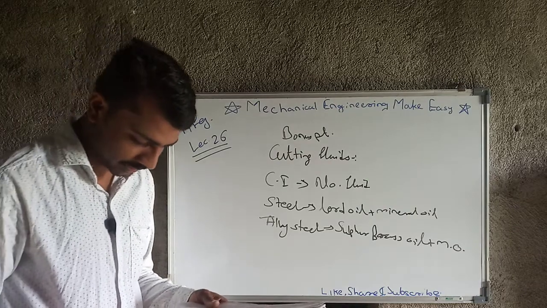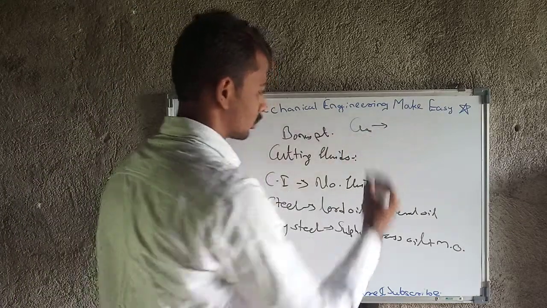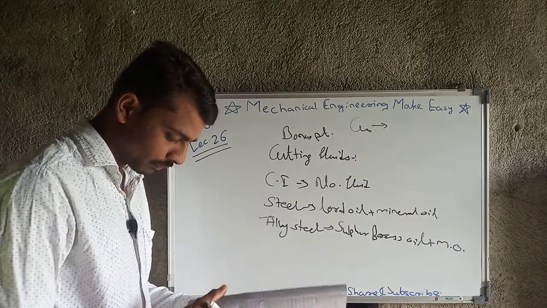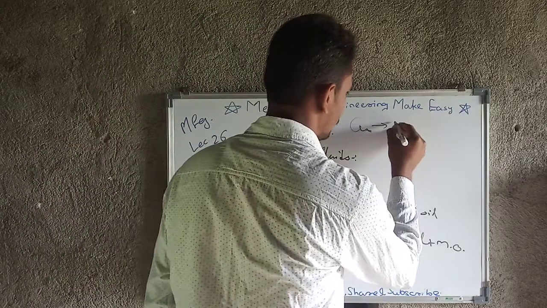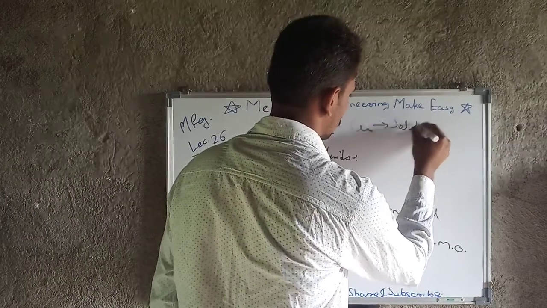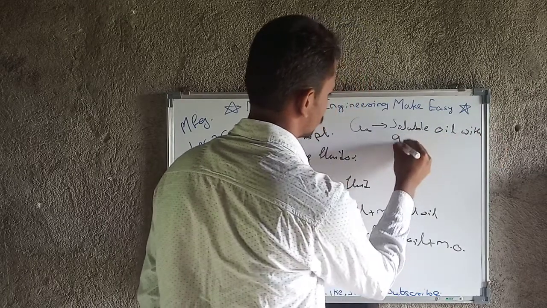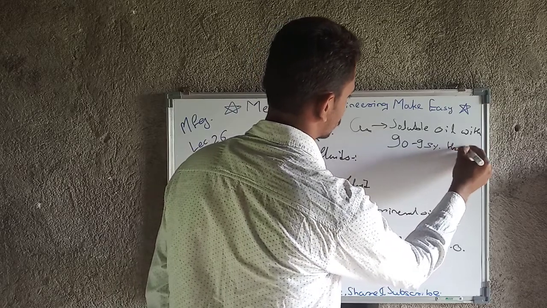Then next is copper. For copper we have to use soluble oil with 90 to 95% of water. Soluble oil with 90 to 95% of water.